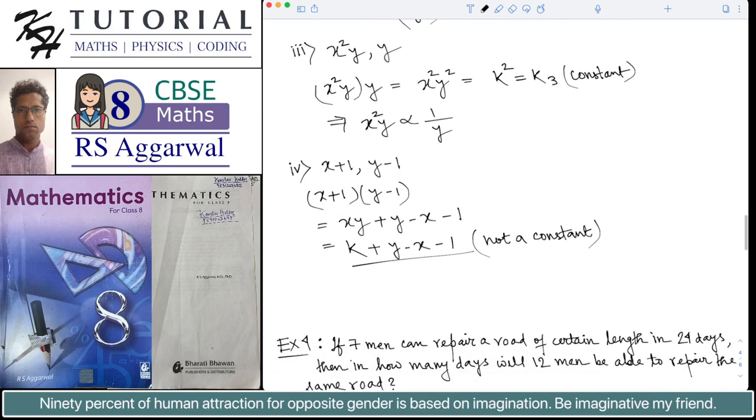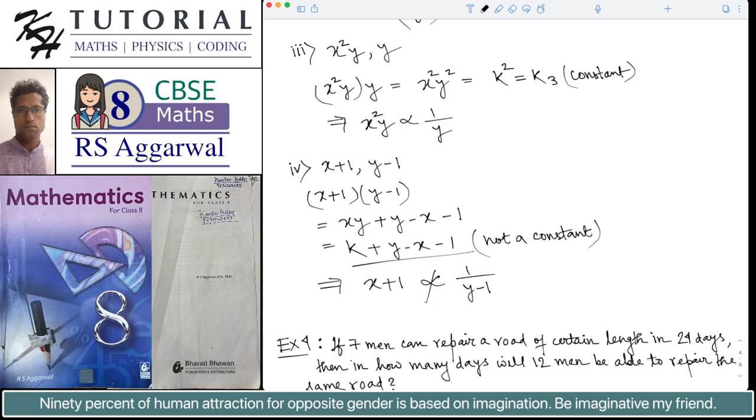So we see that x plus 1 and y minus 1, their product is not coming out to be a constant, because their product is k plus y minus x minus 1, and it is having the quantities y and x. So it is not a constant, and hence this implies we can say that x plus 1 is not inversely proportional to y minus 1.